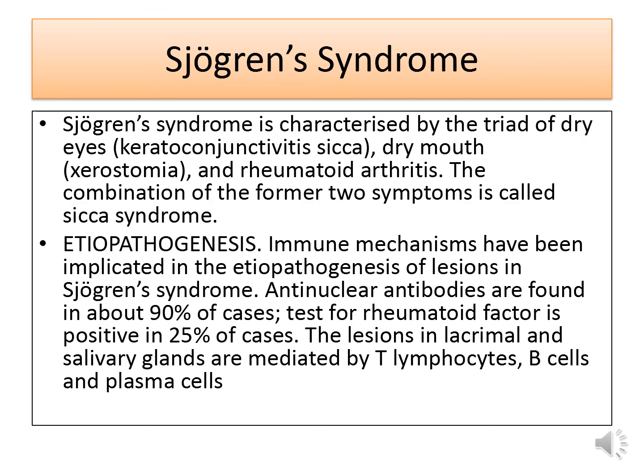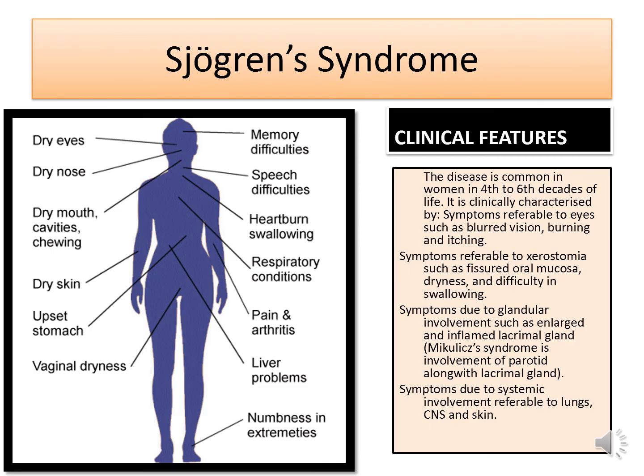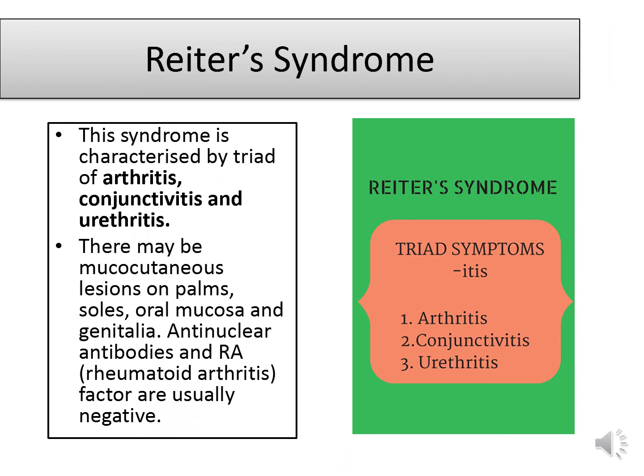Sjogren syndrome is also within such a group. It has special features. You may see all these features in my lecture at LMS. Reiter syndrome also has special clinical features like arthritis, conjunctivitis, urethritis.